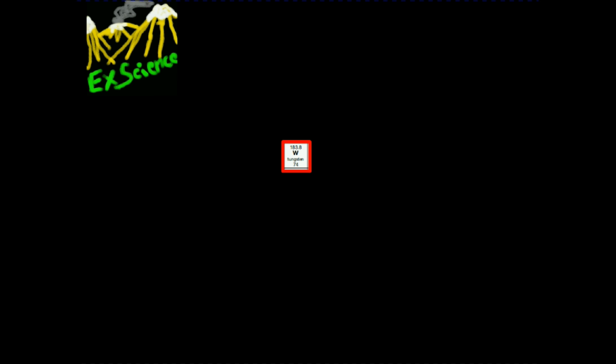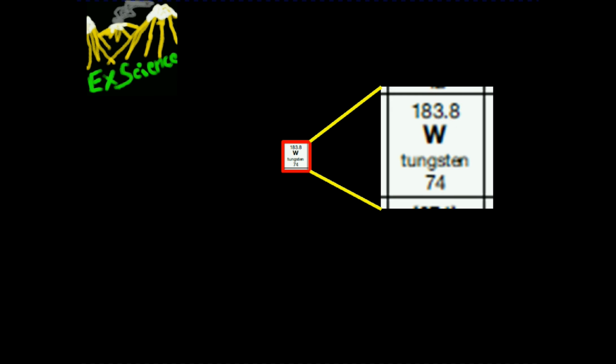For any element in the periodic table, let us look at an example. Tungsten, number 74. For this element, Z equals 74.